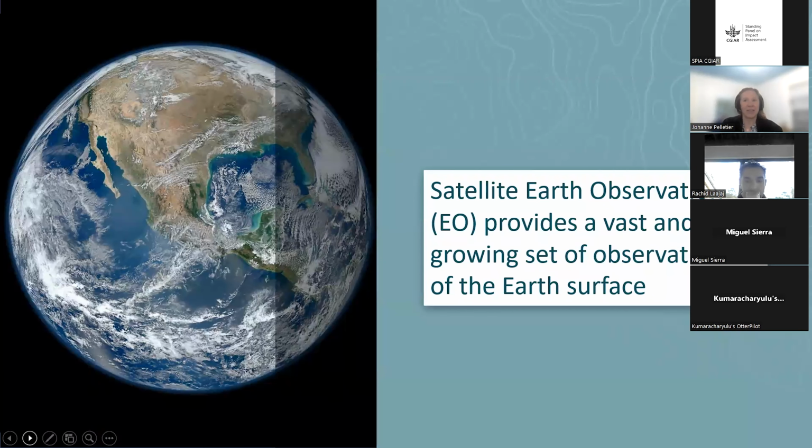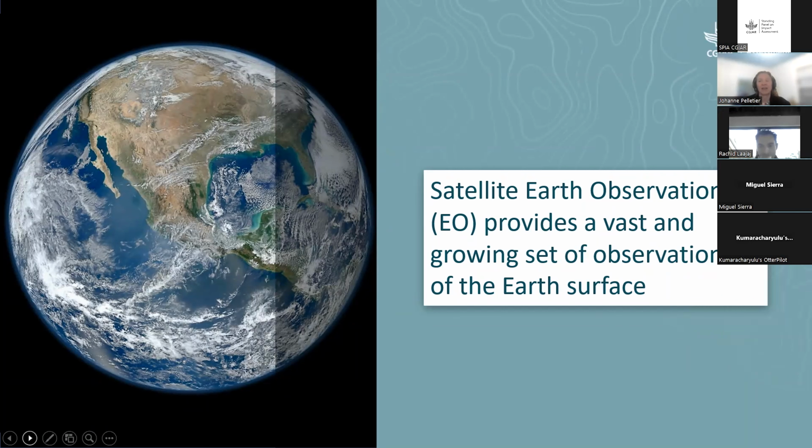Satellite-based Earth observations are measures of the physical environment of the Earth's surface that are taken by satellites that go around the Earth. The satellite observation capability has really increased, with imagery available at higher spatial, spectral, and temporal resolution than ever before. And it's still growing.